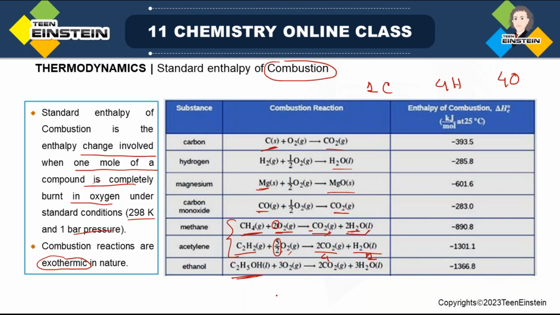Then we have ethanol, and here we again get the same compounds, CO2 and H2O. So when it is a hydrocarbon, on the product side you will get carbon dioxide and water. And look at all the values, in kilojoule per mole, at 25 degrees centigrade. All these values are negative. That means it is an exothermic process.